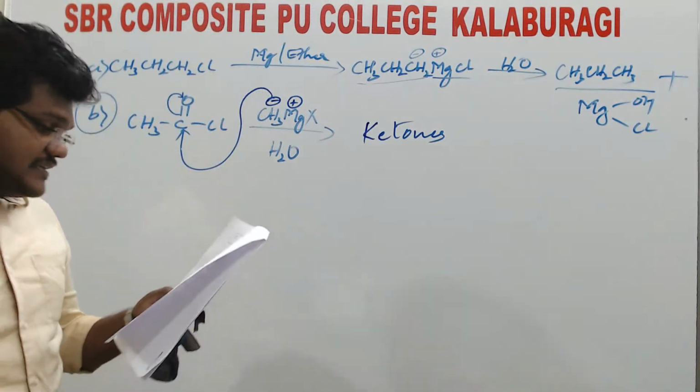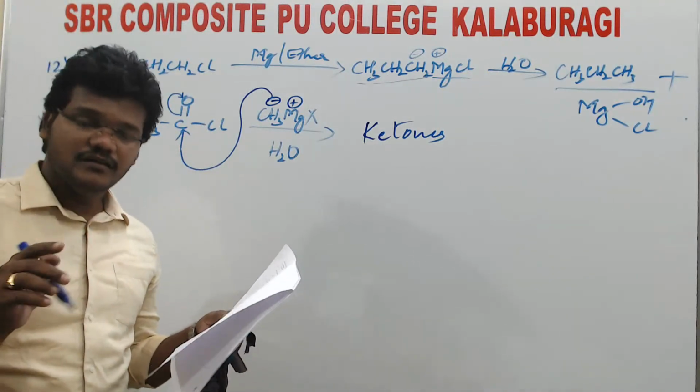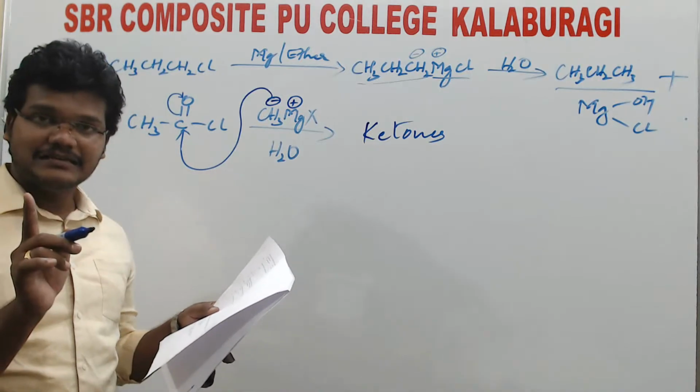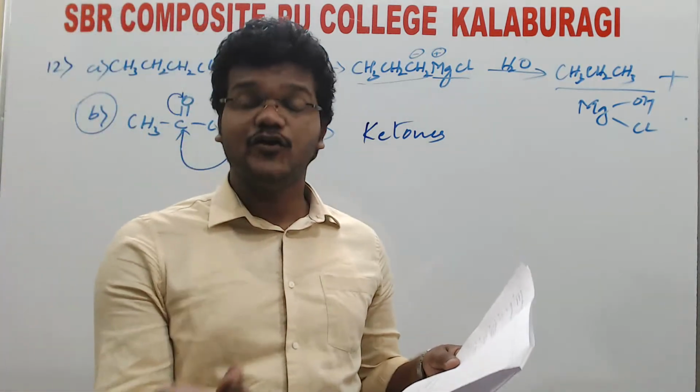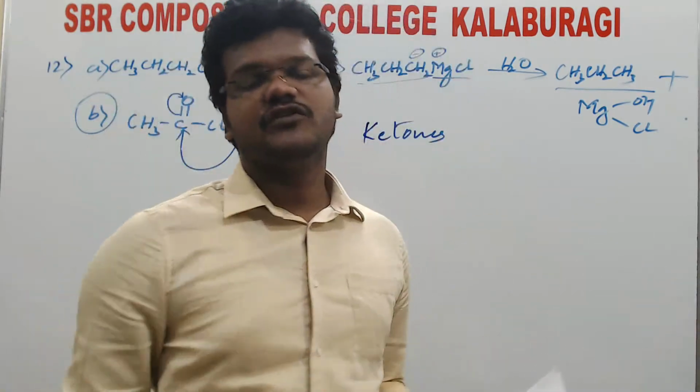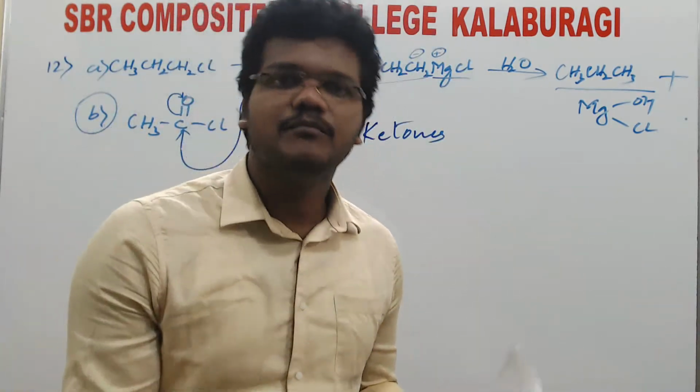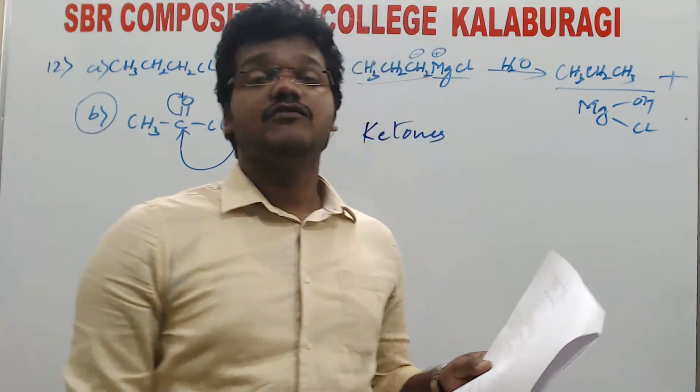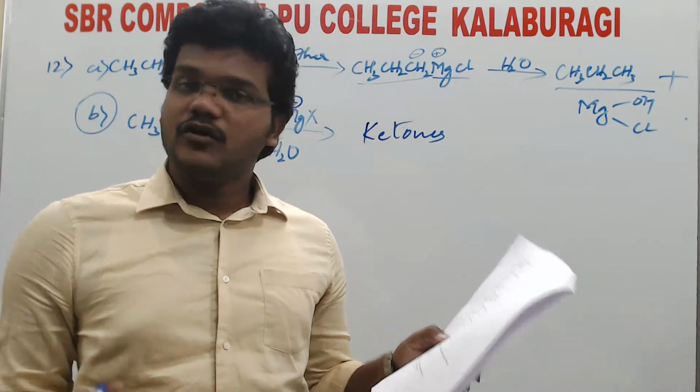Remaining option C is propene. B2H6, hydroboration, followed by acetic acid they have added. Obviously, it is going to give you an alkane, that is nothing but my propane. So option C will also give you propane. Option D is alcohol.